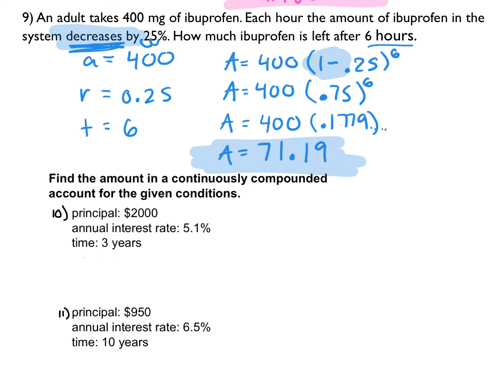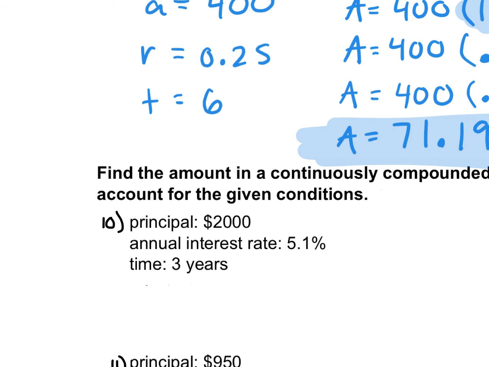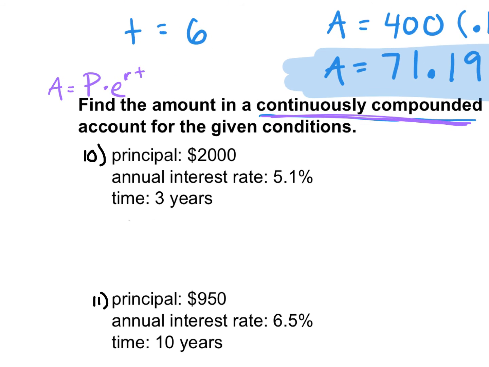All right, let's look at the last two. For these, we use our PERT formula because it says compounded continuously. So we use P times E raised to the power of RT. PERT. This gives us everything, but we'll rewrite it. What's our P?